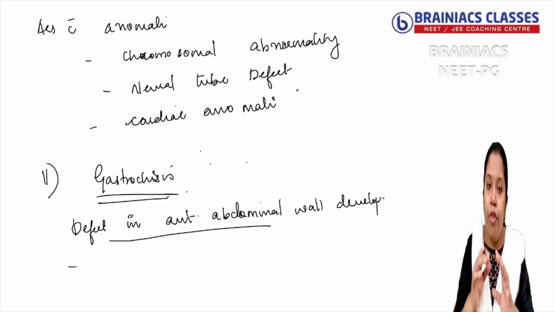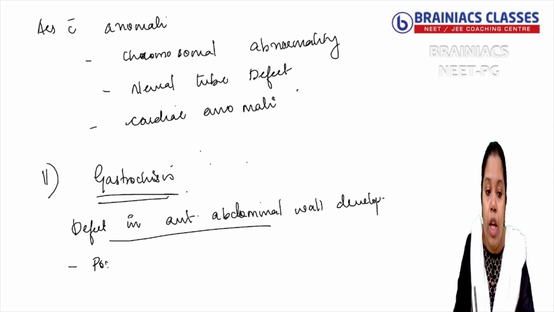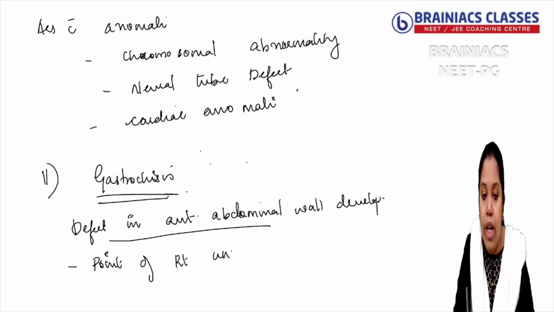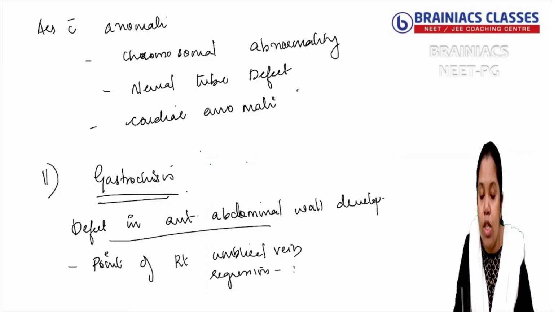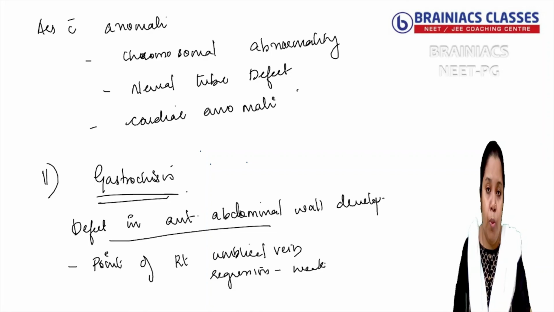That is the point from where the right umbilical vein regresses. The point of right umbilical vein regression is the weakest point. Okay, that point is weak, right? So the intestine will herniate via this point.